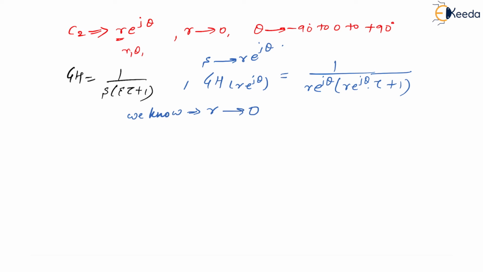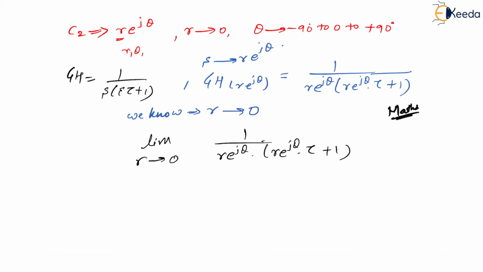Let us find. From your mathematics, you have already learnt that in such cases, while applying limits, this is nothing but limit as R tends to 0 of 1 by R into e to the power j theta multiplied by R into e to the power j theta into tau plus 1.